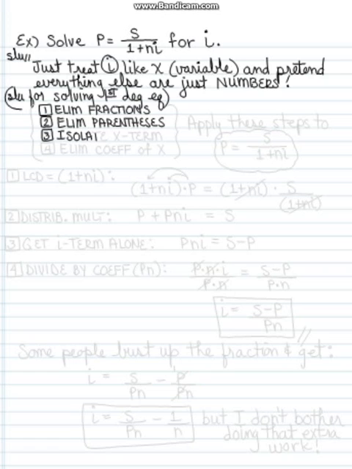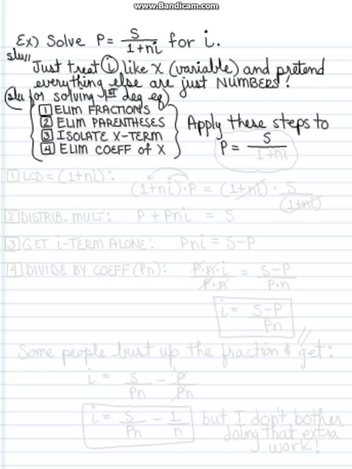Step 3, isolate the X term, in this case the I term, on one side of the equal sign. And step 4, eliminate the coefficient of X, in this case the coefficient of I, by dividing both sides by that coefficient. So we're going to apply these steps to our equation P equals S over 1 plus N I, where I is our variable like the X.